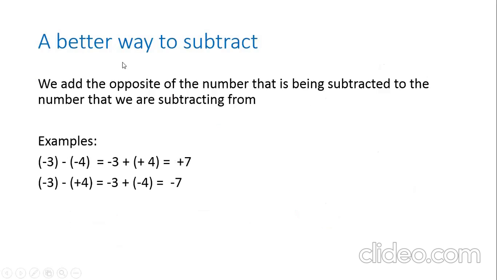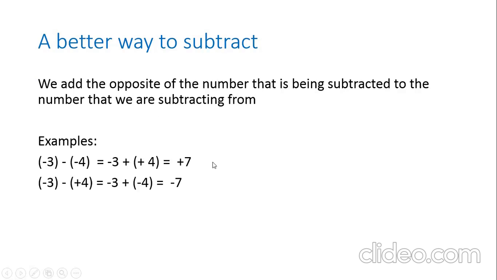Now we are going to learn how to subtract without using the number line. In order to do that, we add the opposite of the number that is being subtracted to the number that we are subtracting from. For example, here we are subtracting -4 from -3. In order to perform this calculation, we need to add the opposite of -4, which is +4, to -3.